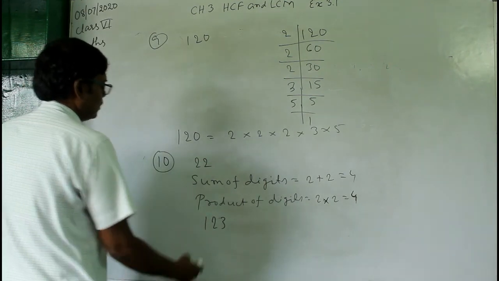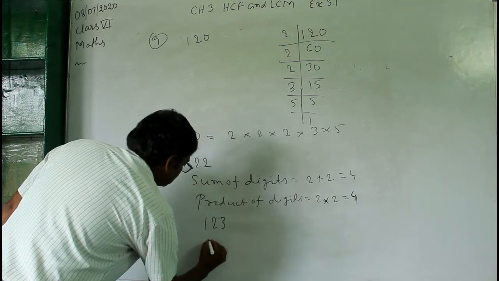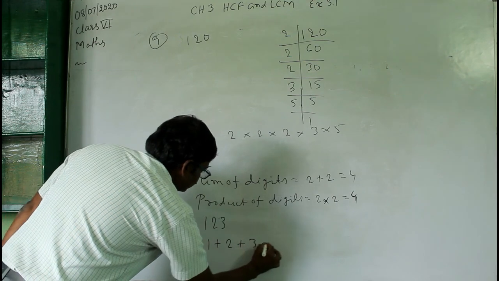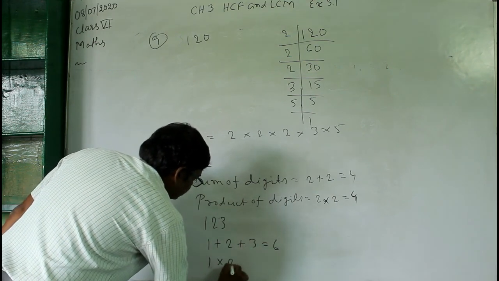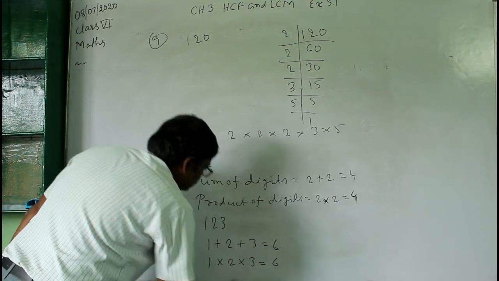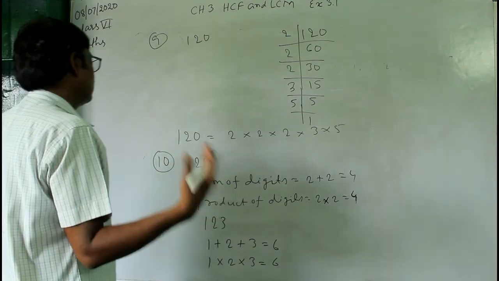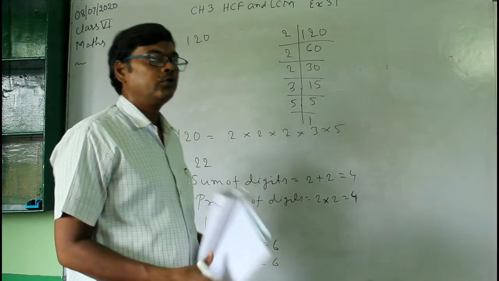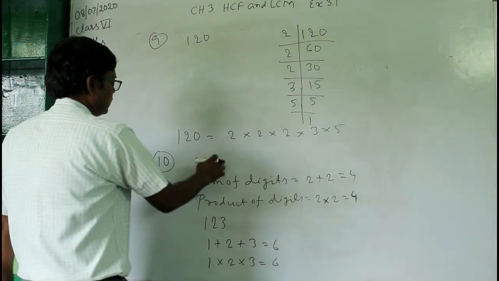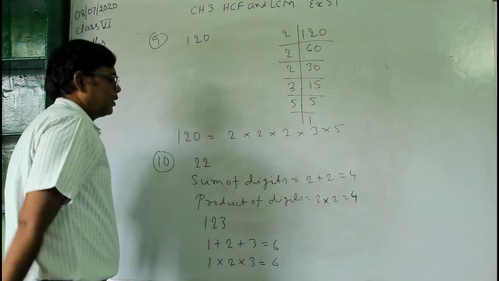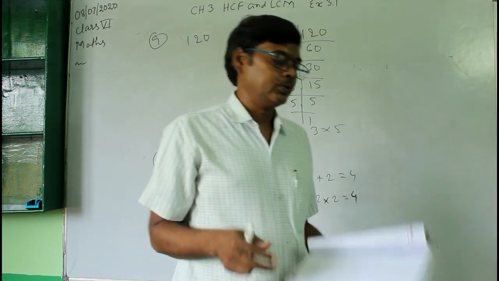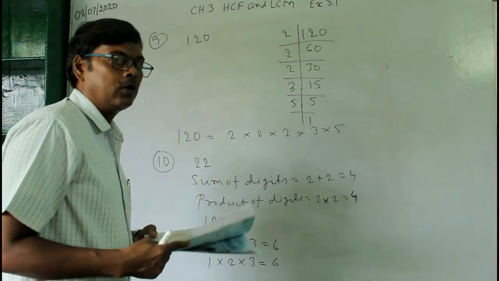Here 1 plus 2 plus 3 equal to 6, and 1 into 2 into 3 equal to also 6. So this is also the answer. There are many numbers like this, so you have to find out. This is my answer, and this is the answer given in the book, and you can also find other numbers. Okay, so this is the end of this exercise.